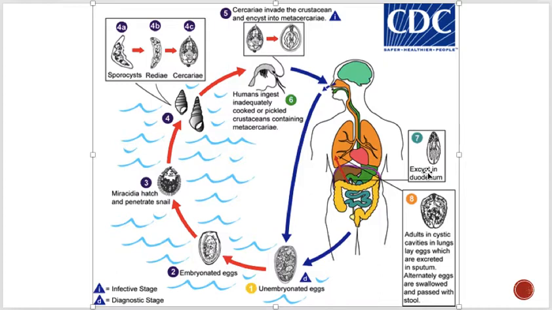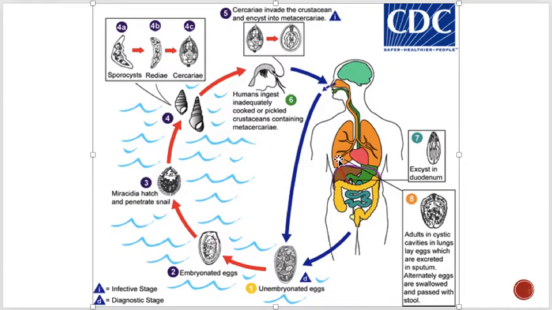So this thing will happen, and when the larva comes out in the humans, what the larva will do is penetrate the intestine, it is going to pierce the intestine, right? And it will reach the lungs.